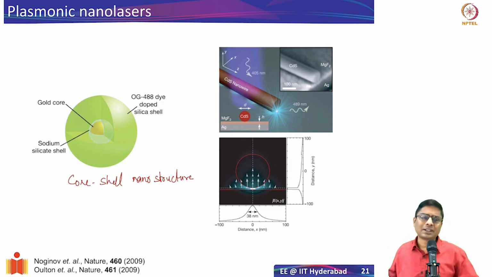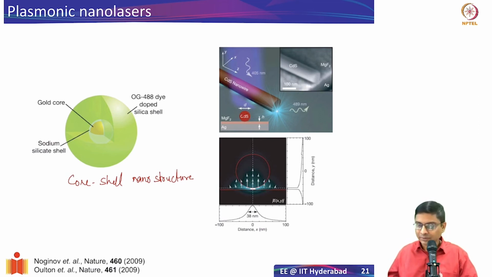And immediately after that, in the same issue of the Nature journal, another group led by Xiang Zhang from Berkeley demonstrated a lasing phenomenon using a nanowire. In this case, they took a metal, coated it with a dielectric, and put a nanowire on top. The nanowire is a semiconductor. You pump it, it creates the gain.